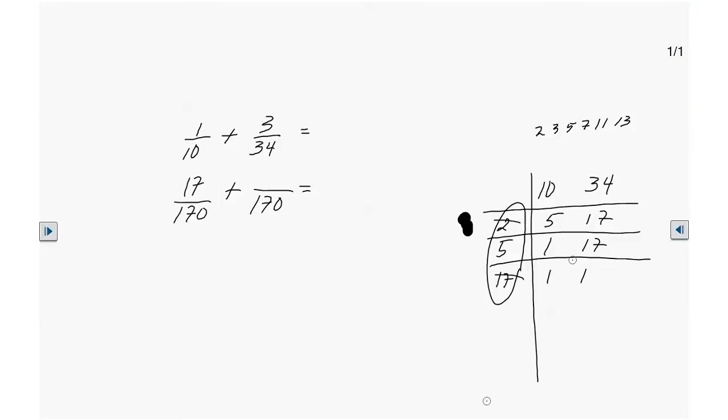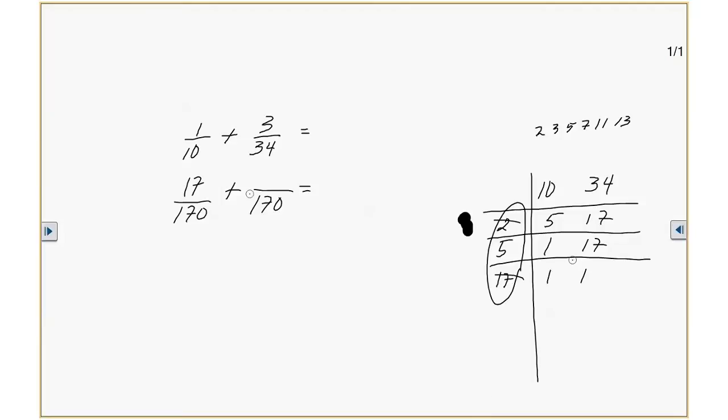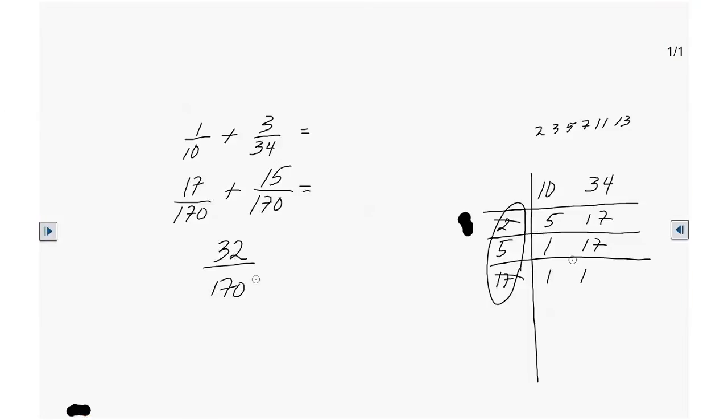How many times? 5 times 3 is? Now you see why people can't do fractions. They can't find a common denominator. Now you're done. 17 plus 15 is what? 32, I guess. Over 170, and then simplify.